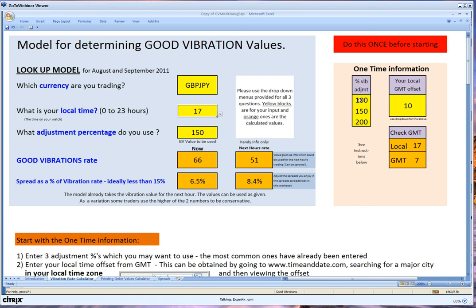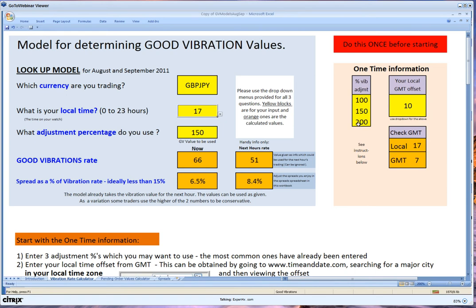Now, here are the three strategies that we were talking about. The 100 is taking the vibration rate as given. The 150 is a more conservative one, and then the 200 is hyper conservative.